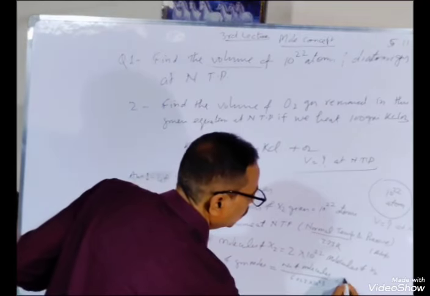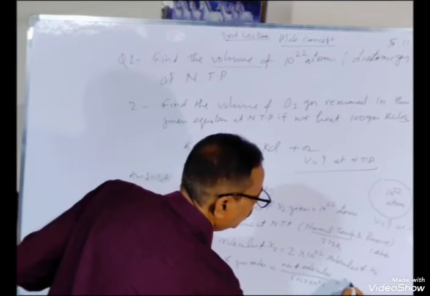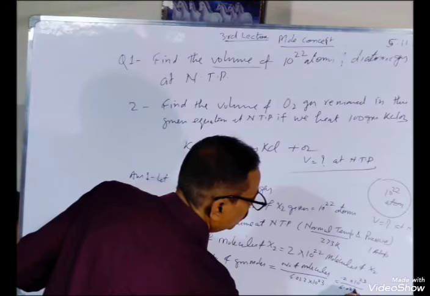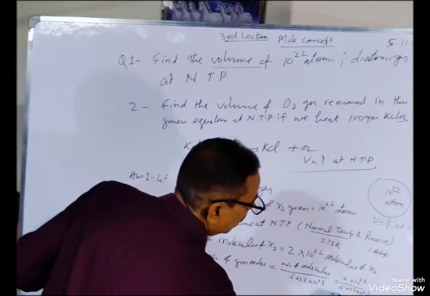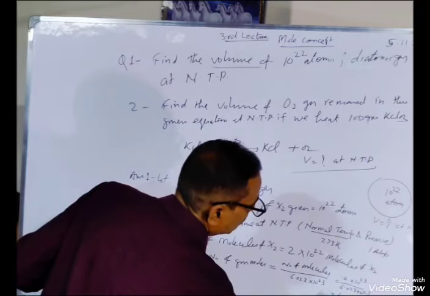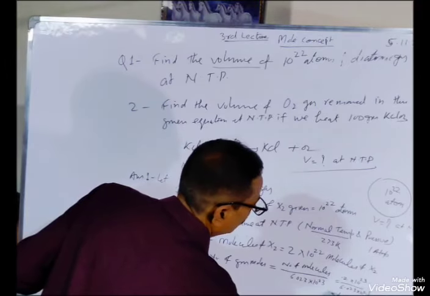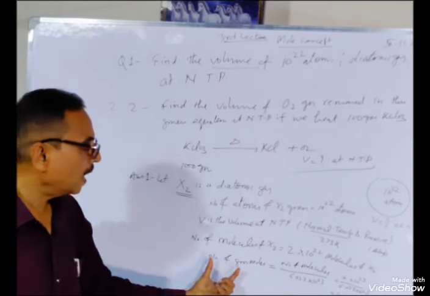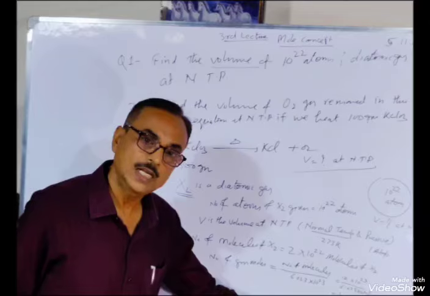So it is 2 into 10²² divided by 6.023 into 10²³. So this will be 1 by 30 gram moles. So here the number of gram moles is 1/30.